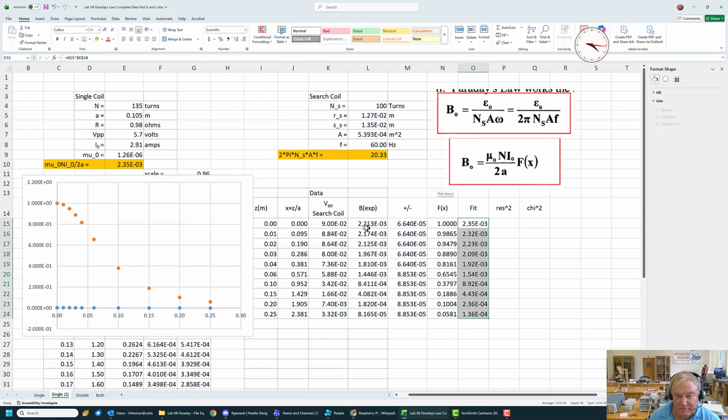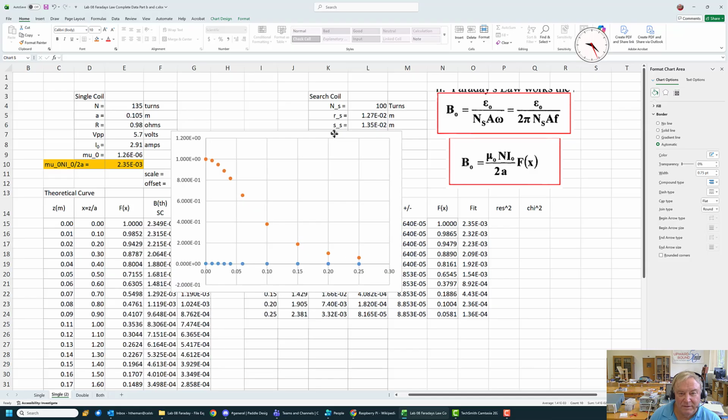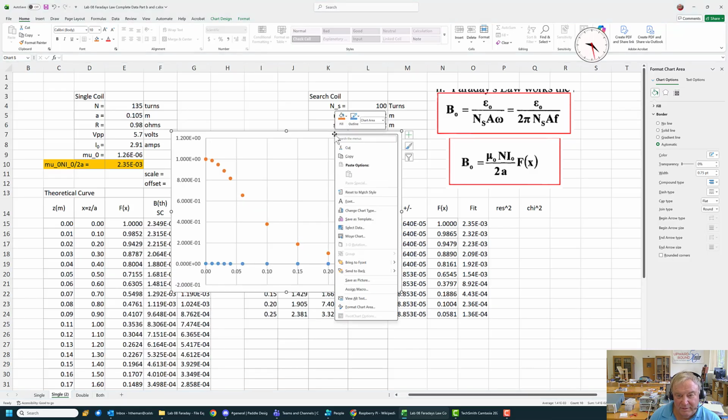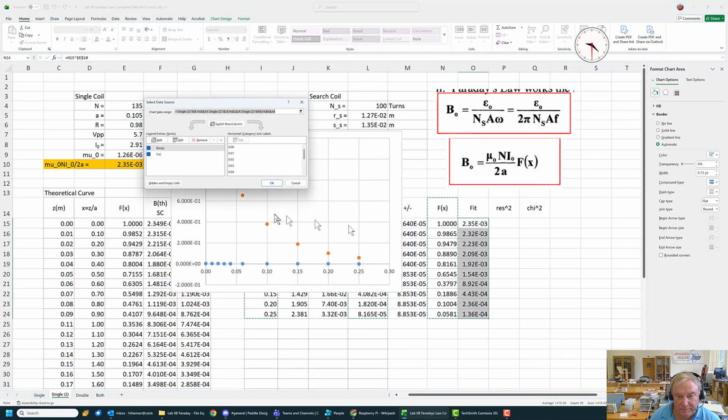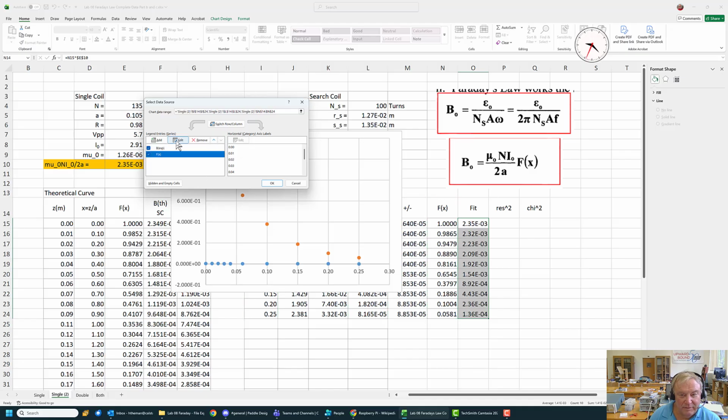And now they're quite similar. A little bit off, obviously. We'll work on that. So select data. And see, that changed.